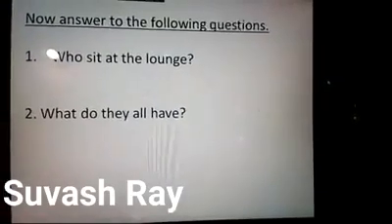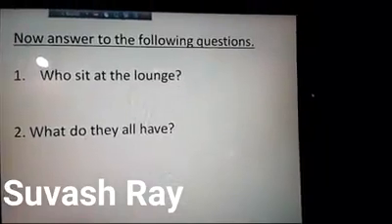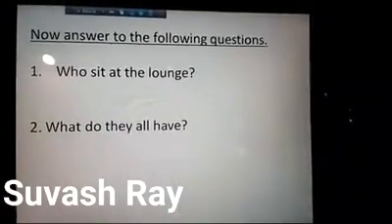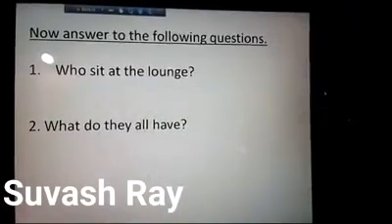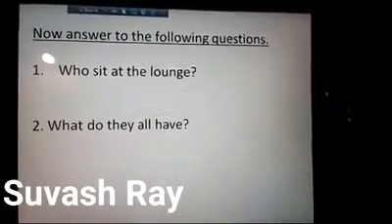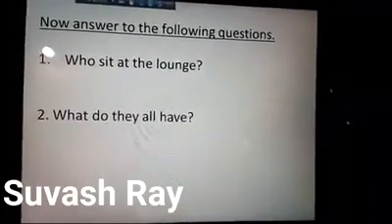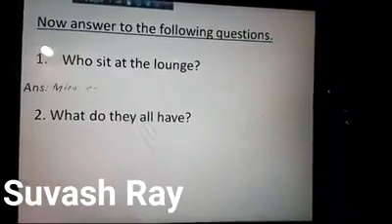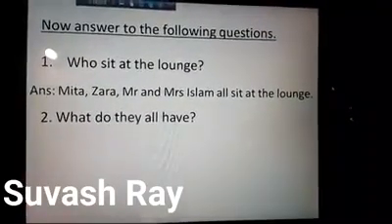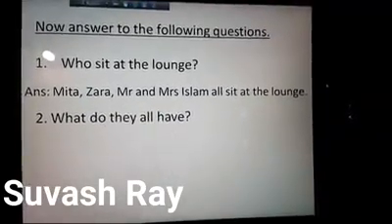Question number 1: Who sit at the lounge? Try to guess the answer from reading the passage. As we have read the passage, we can easily guess the answer. Mita, Jara, Mr. and Mrs. Islam all sit at the lounge.